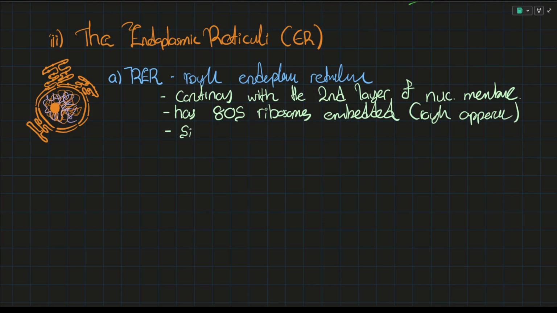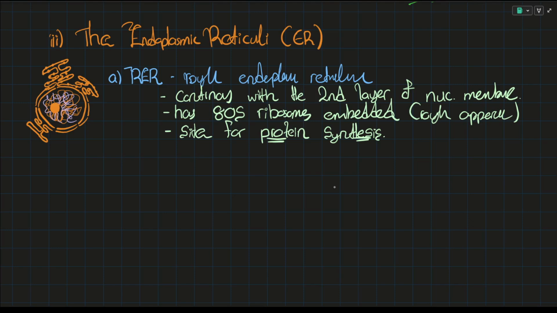And this is the most important thing. This is actually the site for protein synthesis. Why? Because ribosomes are the main protein producing factories, and the rough endoplasmic reticulum is full of them, and that is why we consider this as being the main site for protein synthesis.